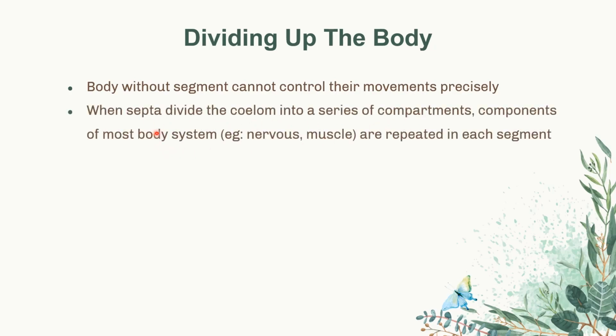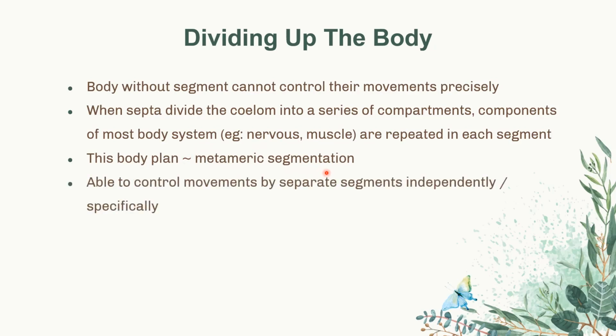When the septa divide the coelom into a series of compartments, the components of the body systems, meaning the nervous and muscle systems, are separated in each segment, meaning the system is contained in one of the segments. This body plan is called metameric segmentation.